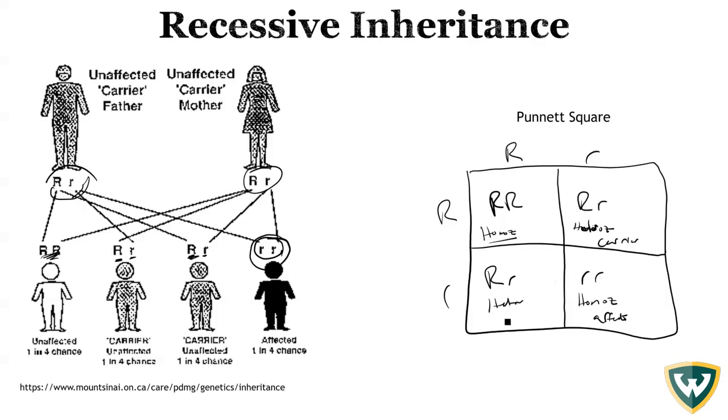And that one is 2. And all just like over here, 25% chance, 50% chance, and a 25% chance of being a homozygous non-carrier, heterozygous carrier, or homozygous affected.